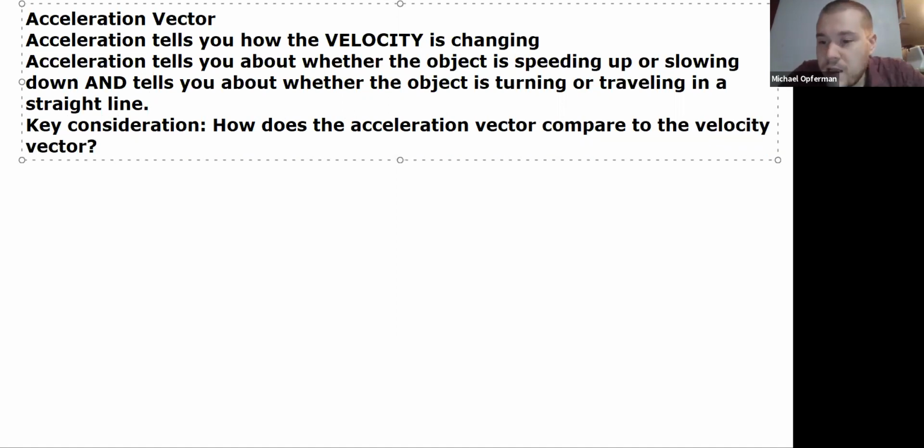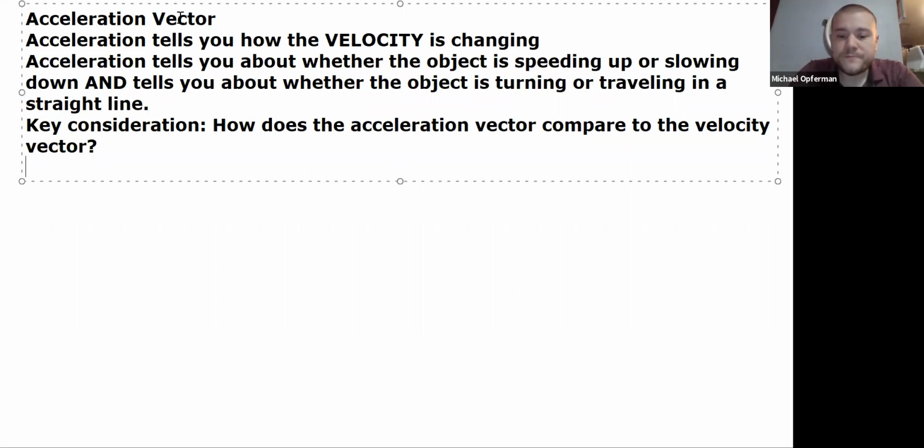Almost everything I say from here on is going to depend on that comparison. So when you're thinking about the acceleration, also think about the velocity. Which direction is the velocity vector, and compare that to which direction is the acceleration vector. That comparison has the most information about what's going on in the object's motion.